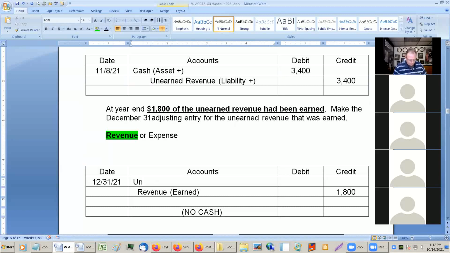So the liability is going down. Again, the nice thing about having a revenue or expense on these is that you know what the other side has to be. Even if you don't know whether this is a liability or what it is, you can still do the journal entry correctly as long as you know that revenues are always credits.